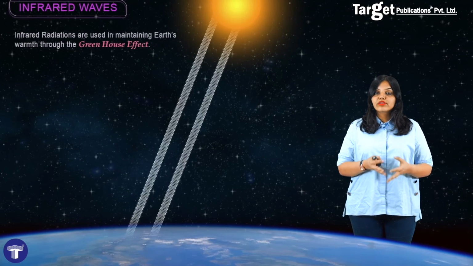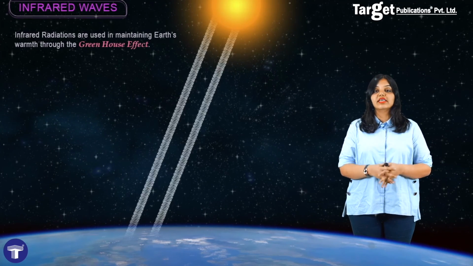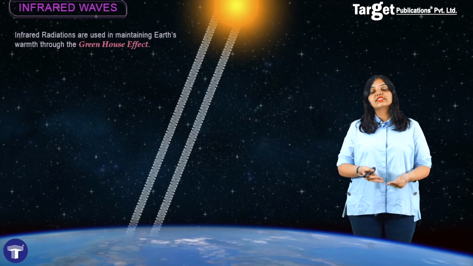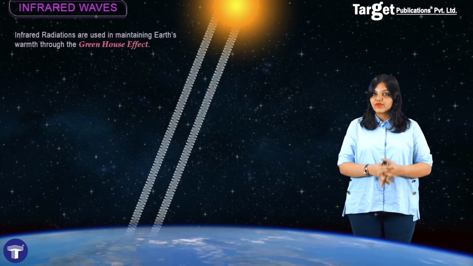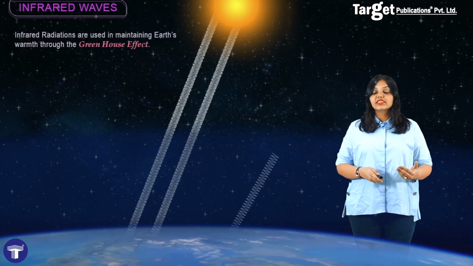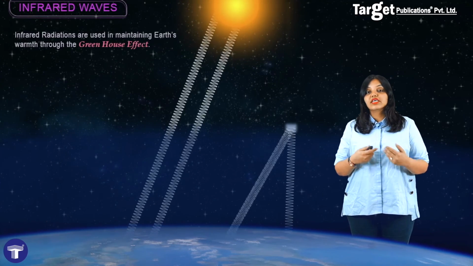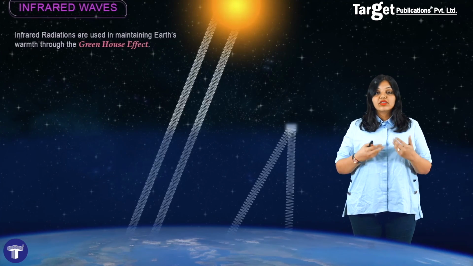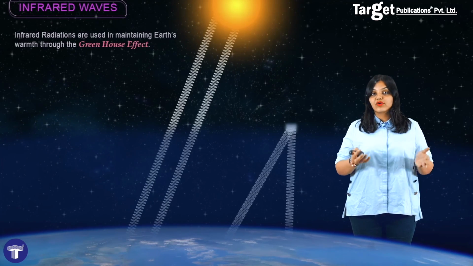One of the most important uses of the infrared radiation is to maintain the Earth's temperature through the greenhouse effect. What happens is that the Earth receives visible light which easily passes through the atmosphere. This visible light falls on the Earth's surface and gets reflected or re-emitted as infrared radiations, that is, radiations of longer wavelength. Now, these infrared radiations carry heat and are not allowed to go out of the atmosphere.